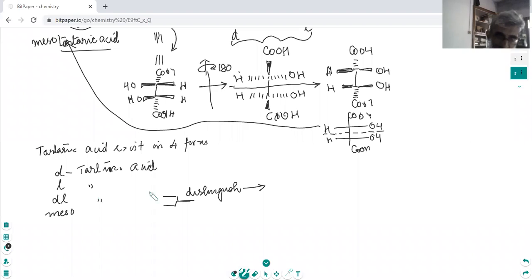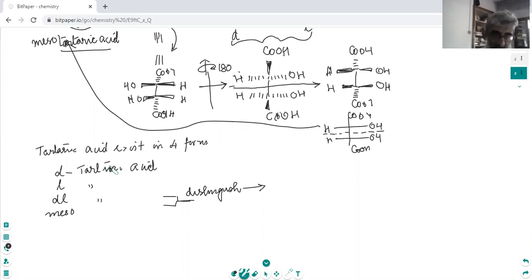Remember, DL mixture is having optical rotation 0. Meso is also having optical rotation 0. So you cannot compare those two. By comparing the optical activity, you cannot distinguish whether it is DL mixture or meso.